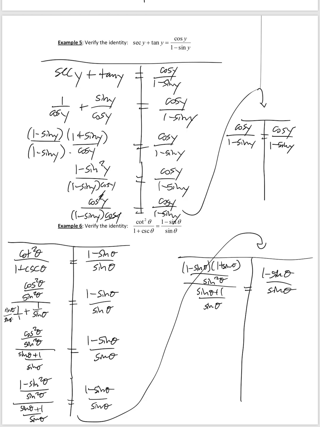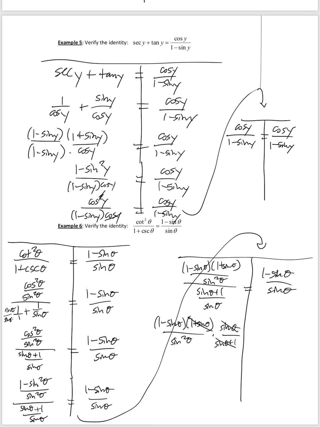And now on the left, I'm dividing by a fraction. I'm dividing a fraction by another fraction. That's the same as multiplying by the reciprocal. Well, sine of theta plus 1 and 1 plus sine of theta, those are the same.